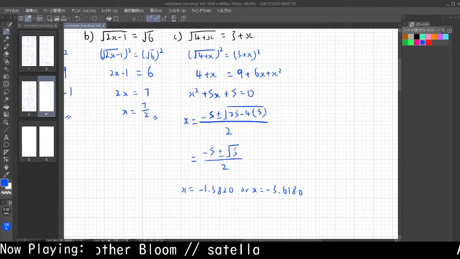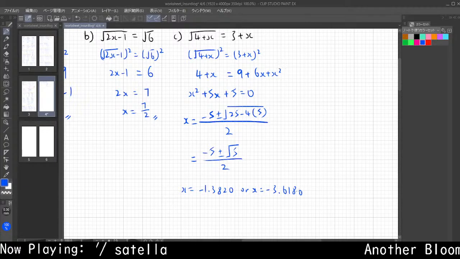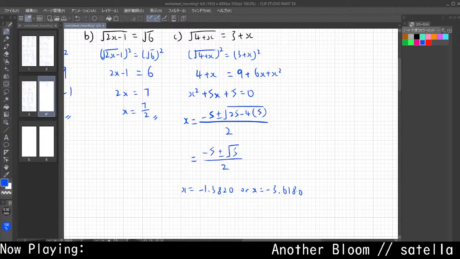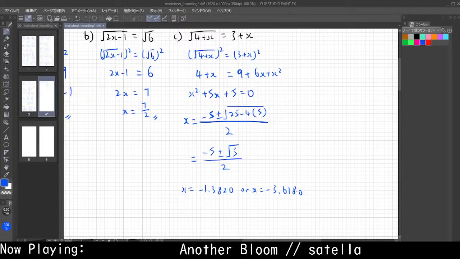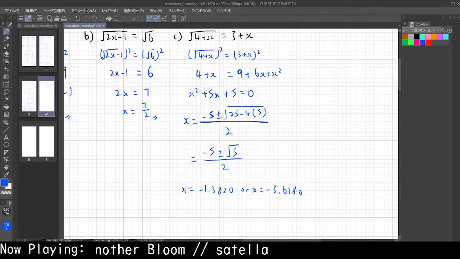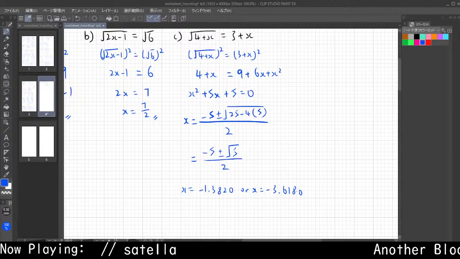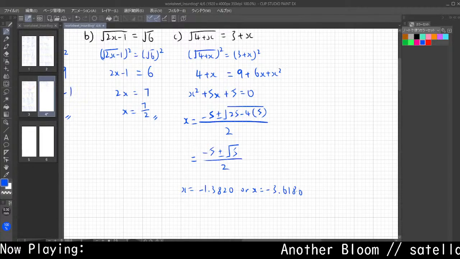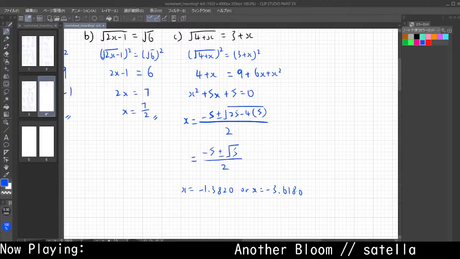This gives me this much, and then 3 minus 1.382, 1.618, yeah, same answer. Next, square root 4 minus 3.618, 0.618, and then I take 3 minus 3.618.